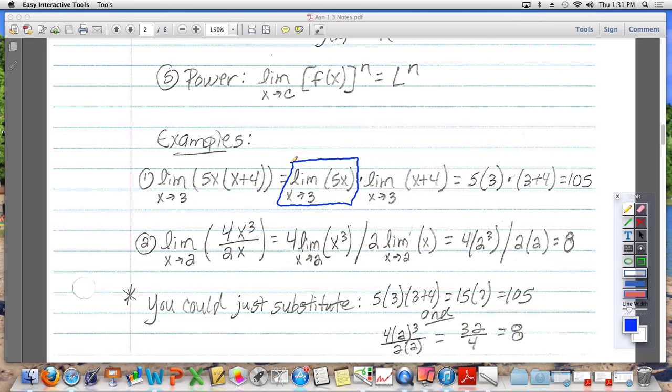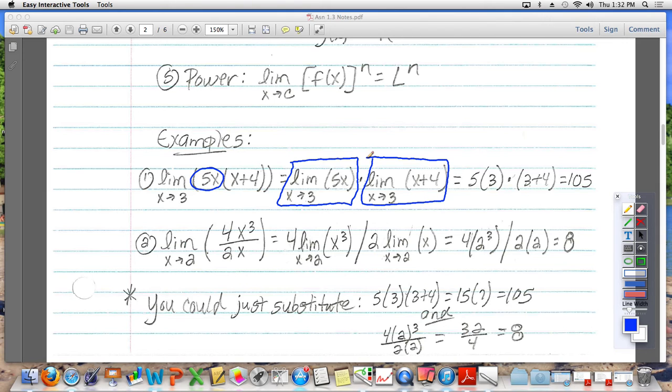I'm going to do this part individually, and I'm going to multiply that by the limit of x plus 4 as x approaches 3. I'm going to do them individually, and I'm just going to multiply the limits, the answers, when I'm done.